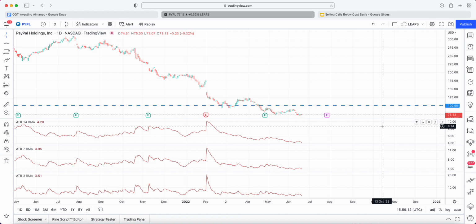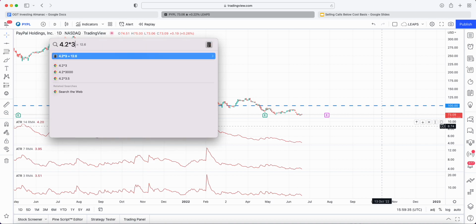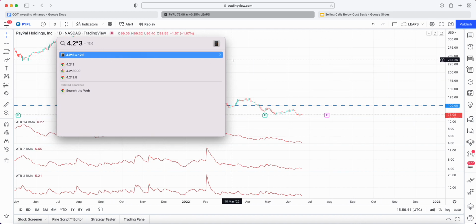So if we forget today and go with Wednesday, Thursday, Friday, that's 3 days at $4.20: 4, 8, 12, $12.60. If PayPal continued to go up by $4.20 every single day, it would go up $12.60. So 4.2 times 3 days means the best case scenario for PayPal as a stock, on average, would be up $12.60.